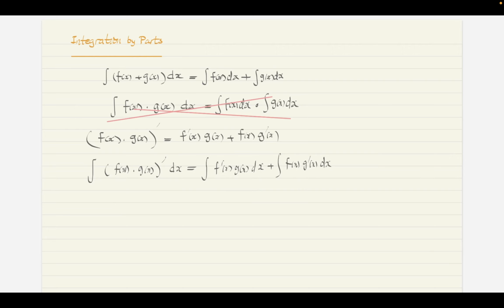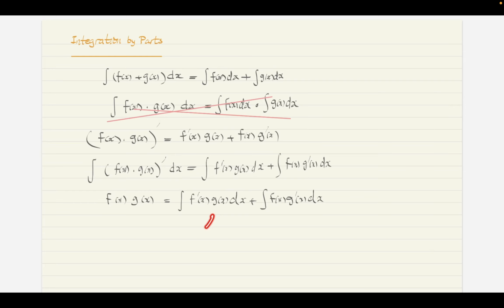So this is f(x) g(x), and then I have the integral of f prime of x g of x dx, plus the integral of f of x g prime of x dx.